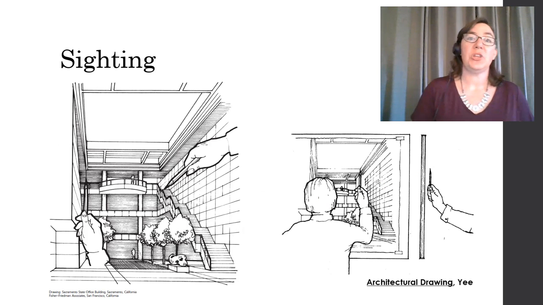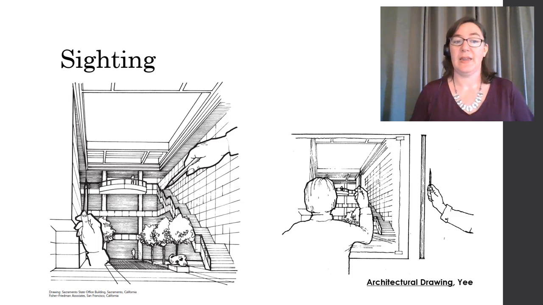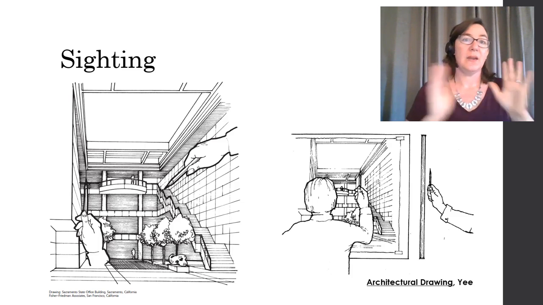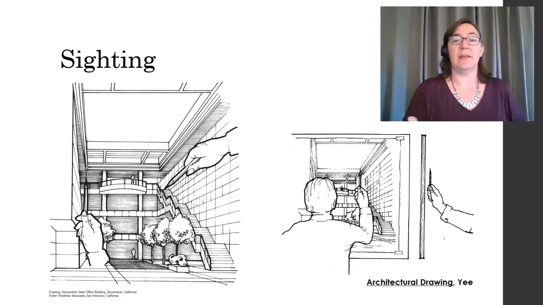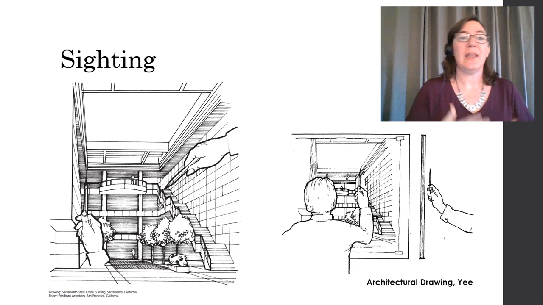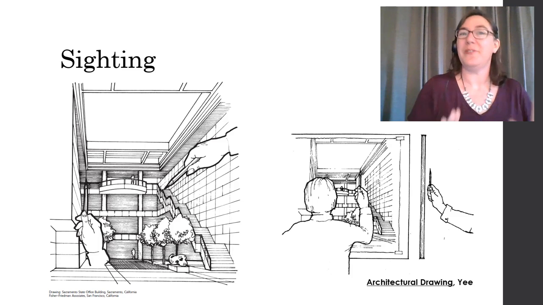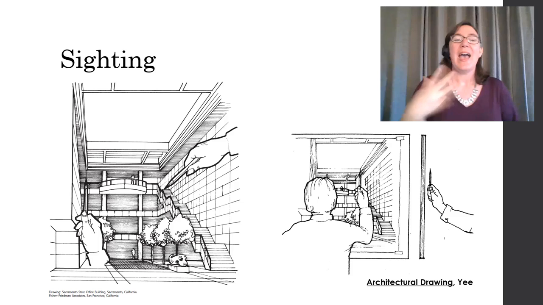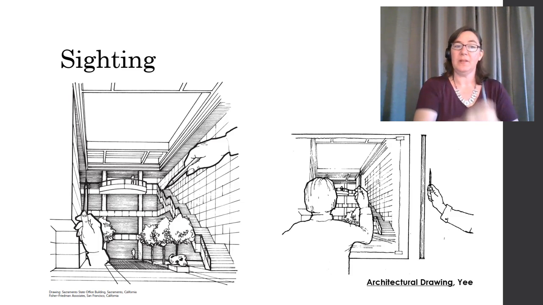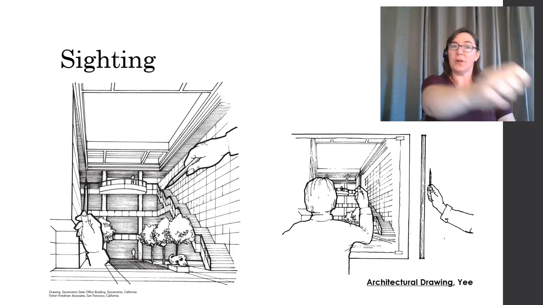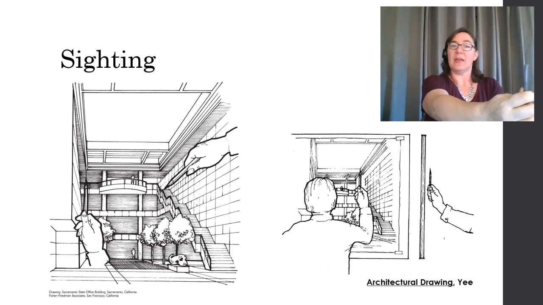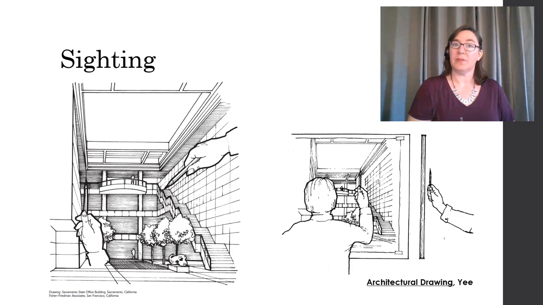Here's an illustration of what this sighting technique looks like. On the left, we have an architect or an artist sitting within an actual courtyard. They are physically there, and they're using their pencil to measure items and their relationships.